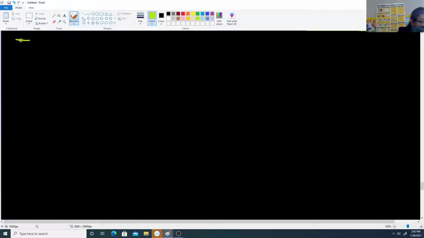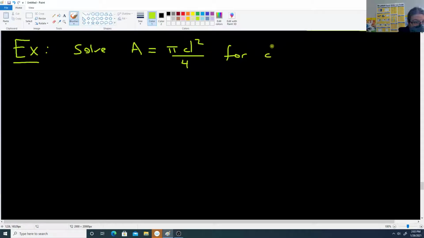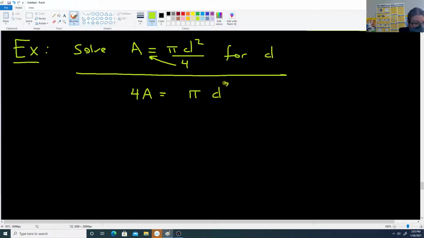For the next group of examples, we want to solve A equals pi d squared, all that over 4, for d. So we want to get the d by itself. So step 1, we've got to multiply the 4 on over. So we'll get 4 times A equals pi d squared.